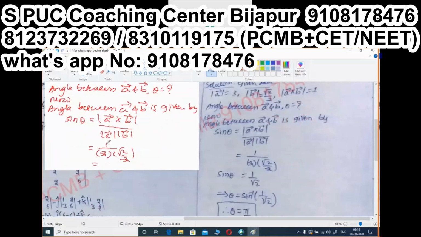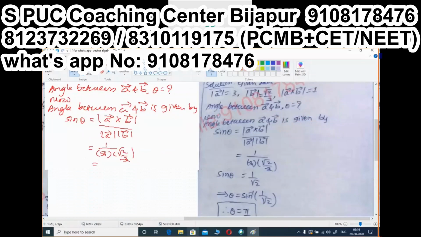Sin theta is equal to 1 by root 2. So he has asked what theta is. This implies theta equals sin inverse of 1 by root 2.